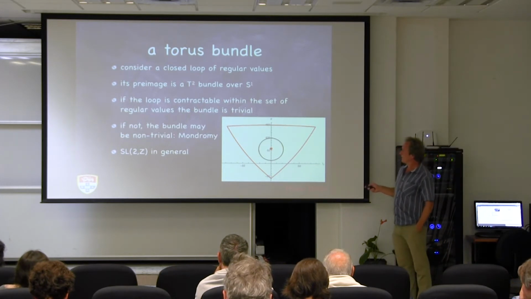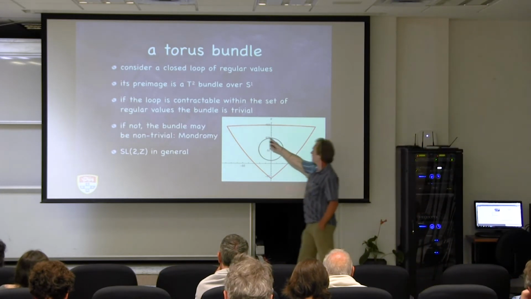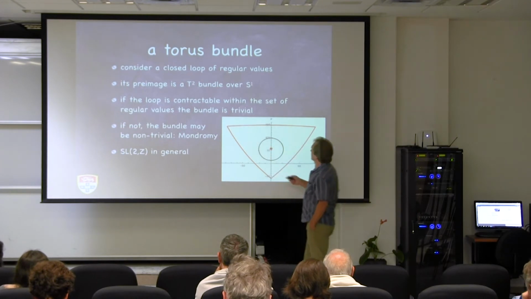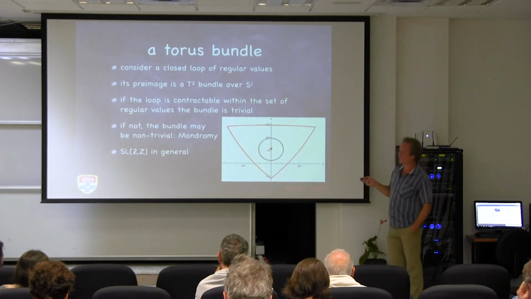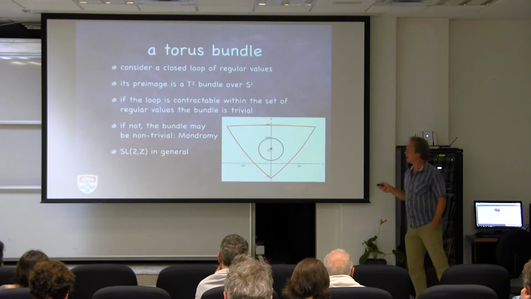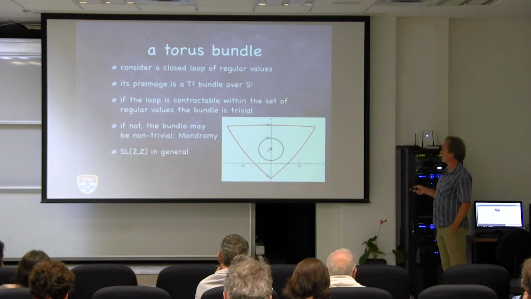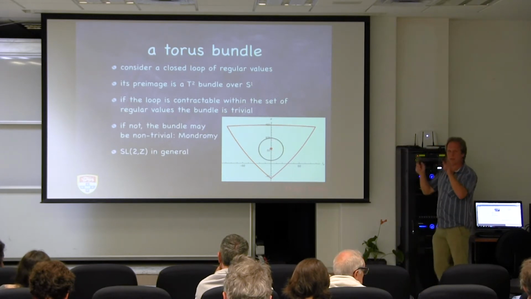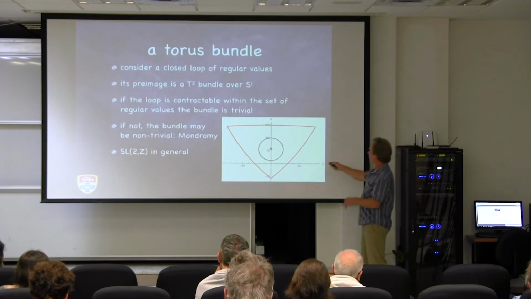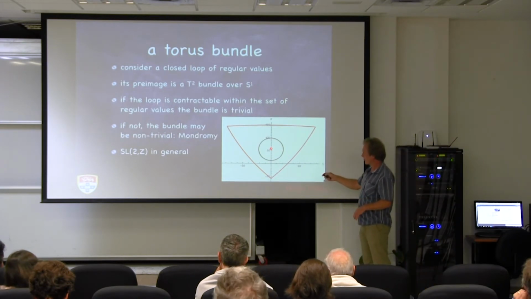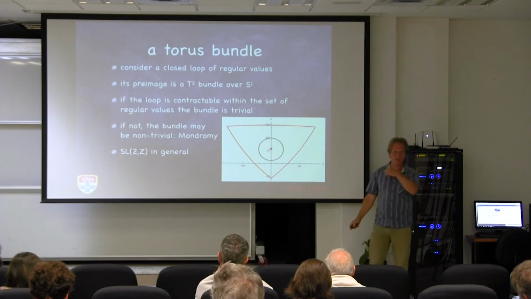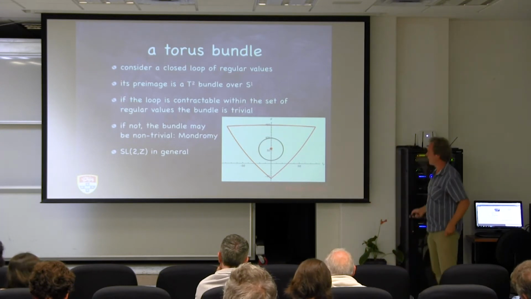And if this loop is contractible, let's say it would be sitting somewhere here, then because it is contractible, this is a trivial bundle. And the interesting thing is that if the loop is not contractible in the set of regular values, so in the set of white points here, there is this red point inside that's not a regular value, so this loop is not contractible in the set of regular values.